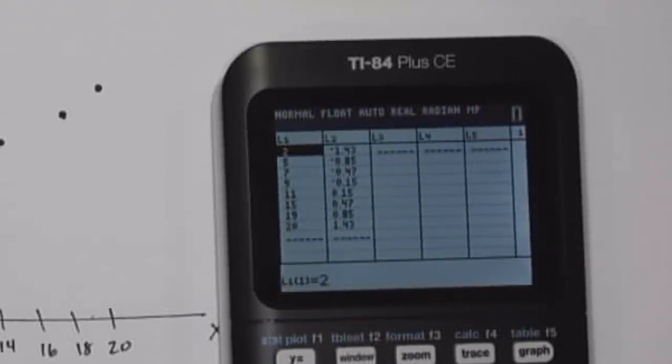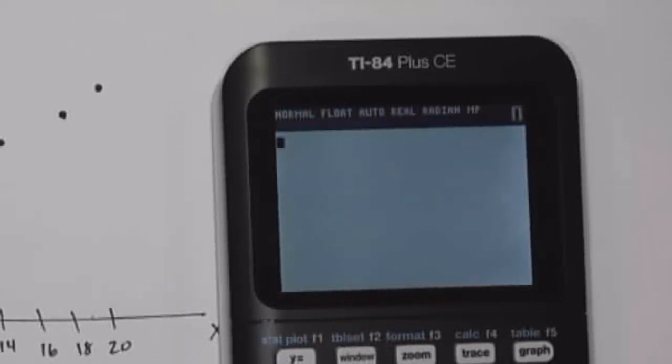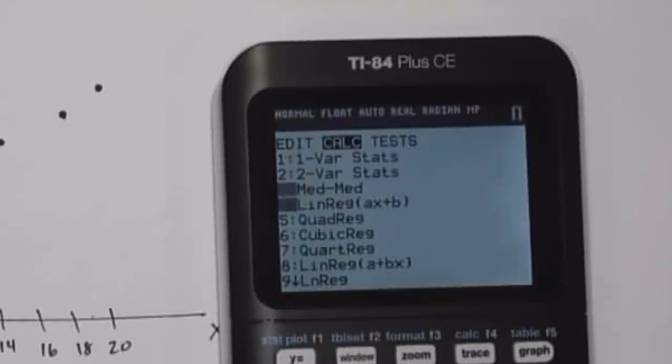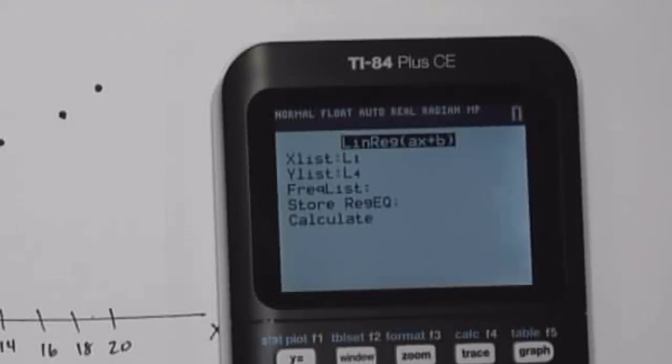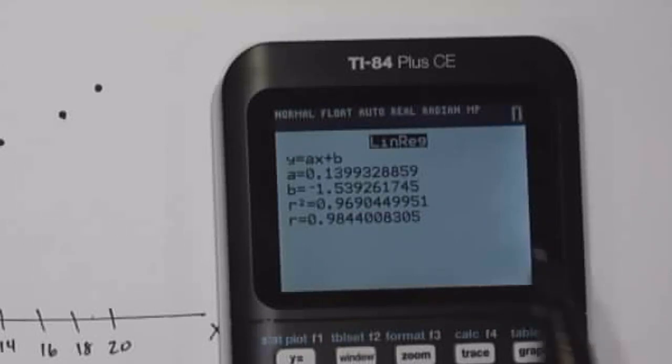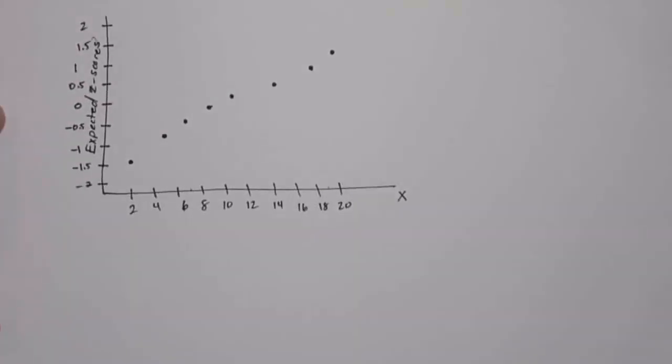And I'm going to do a linear regression to find the correlation coefficient. So I go back to the home screen, and do Stat, Calc, and linear regression. My x's are in list 1, my expected z-scores are in list 2. And so if I calculate, I see that I have a correlation coefficient of 0.9844.